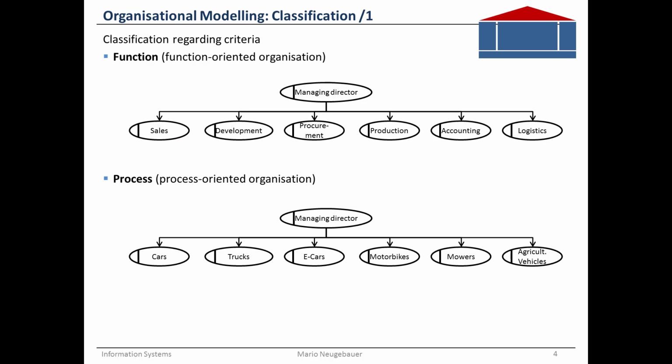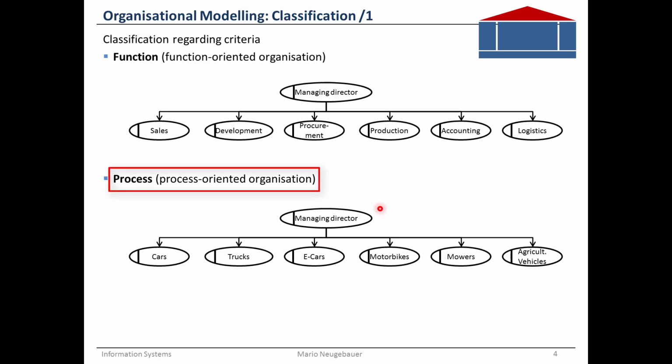So if you then would have different products and maybe also different production locations, you would organize them in the production department or in the organizational area which is responsible for the production, and you would then have subordinated areas for the different production locations, like shown in the slide before. So this is kind of function-oriented organization.